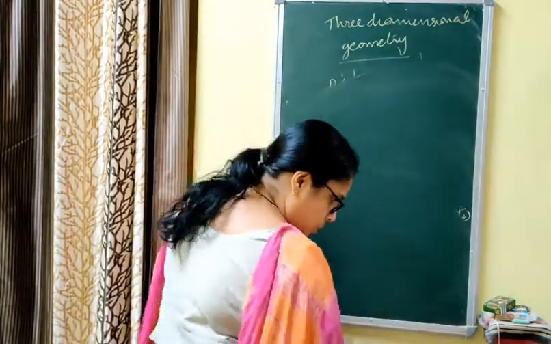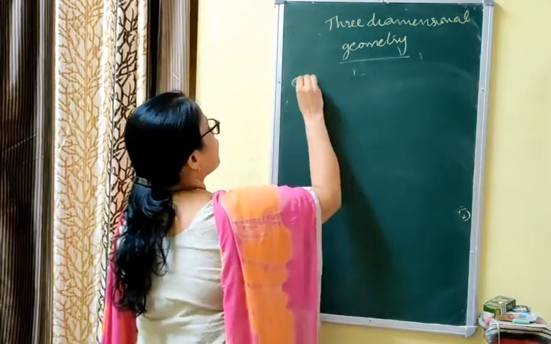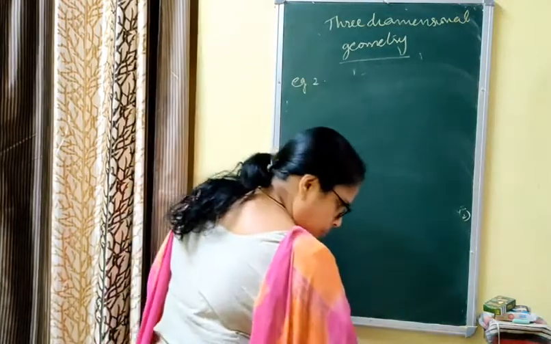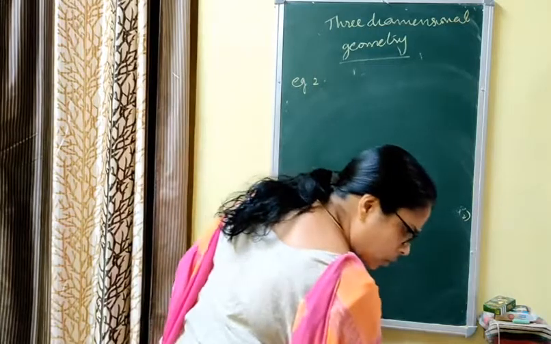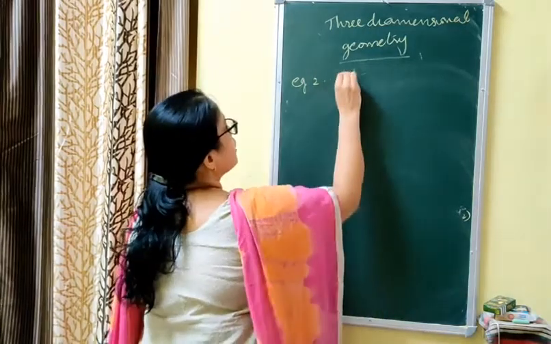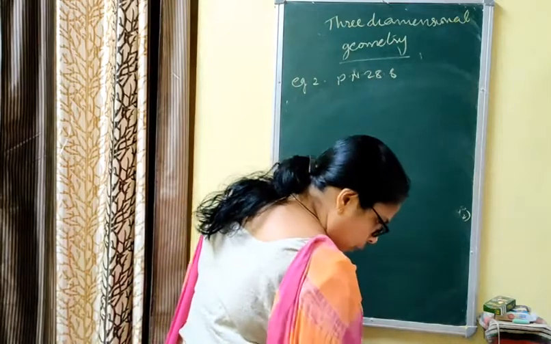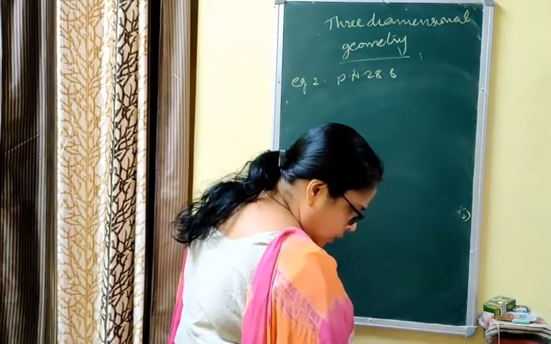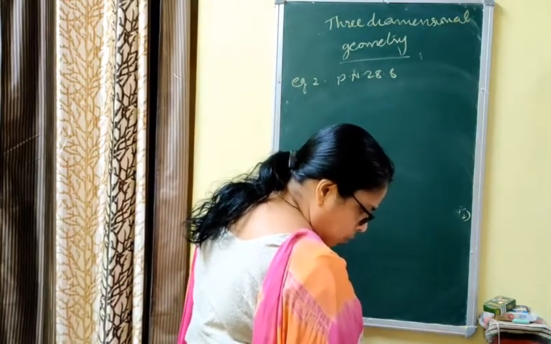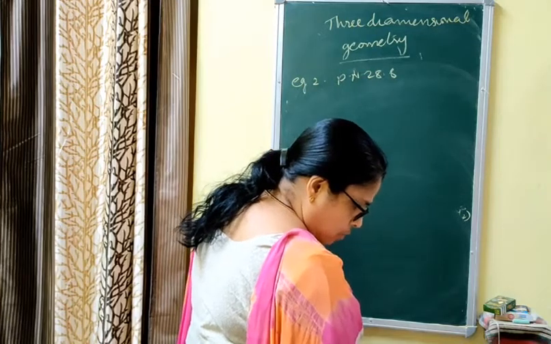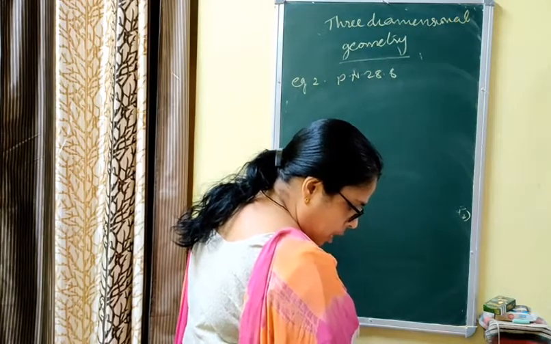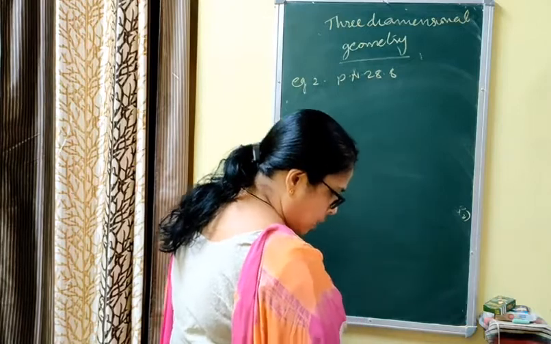I am doing example 2, page number 28.8. I am reading the question. Prove by using the distance formula that the points P(1, 2, 3), Q(minus 1, minus 1, minus 1) and R(3, 5, 7) are collinear.